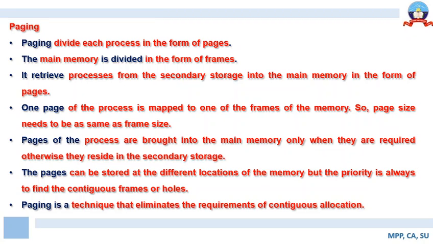In case of paging, we divide the programs into identifiable pages, and only when the page is to be executed, the page is brought from the secondary memory onto the main memory. And moreover, it does not demand continuous memory allocation, which implies pages belonging to a process can be stored at different locations in the memory. So this is one of the biggest advantages of using paging.